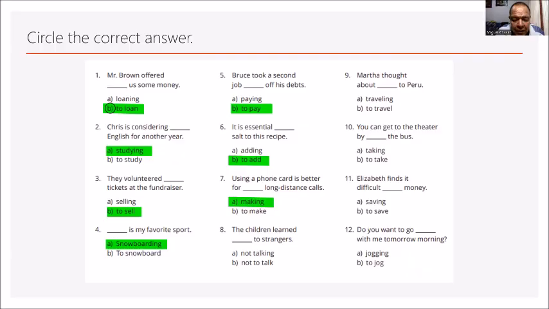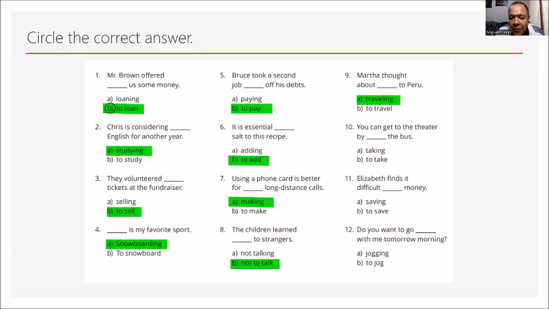Using a phone card is better for making long-distance calls. Number 8. The children learn not to talk to strangers. Number 9. Marta thought about traveling to Peru.